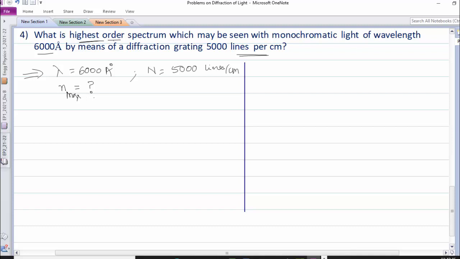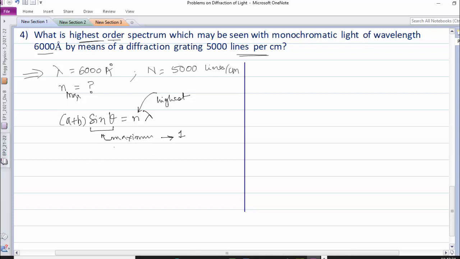As this is clearly a problem of a diffraction grating, we will use the grating equation, that is (a plus b) into sine theta is equal to small n into lambda. As we are being asked for the highest value of n, the sine theta must be maximum, and the value of sine theta is equal to 1.